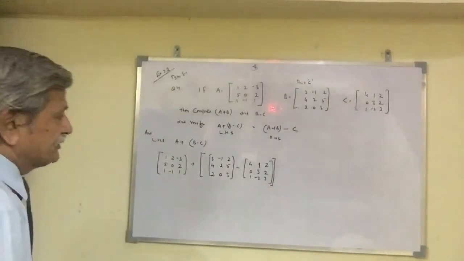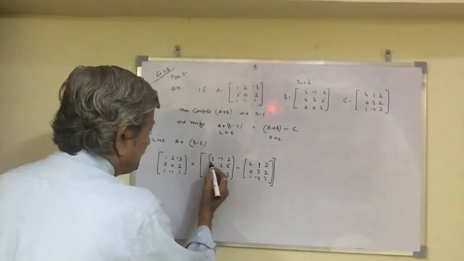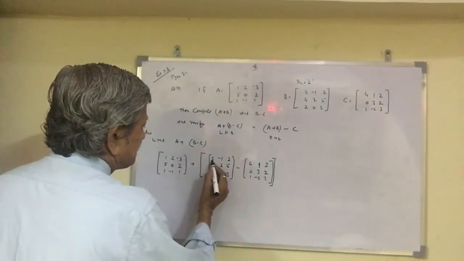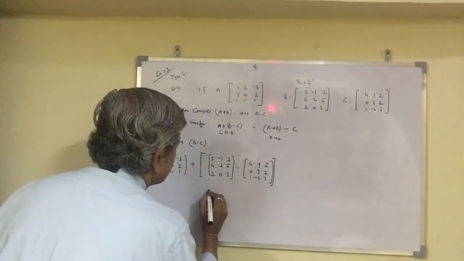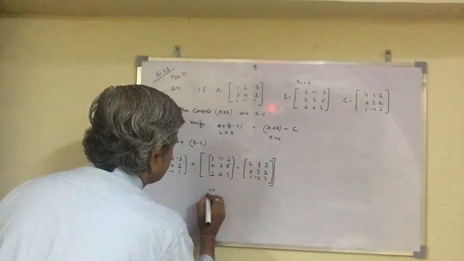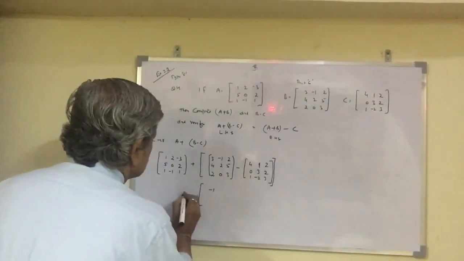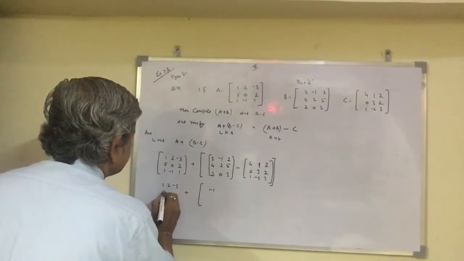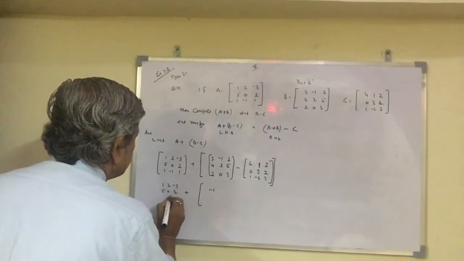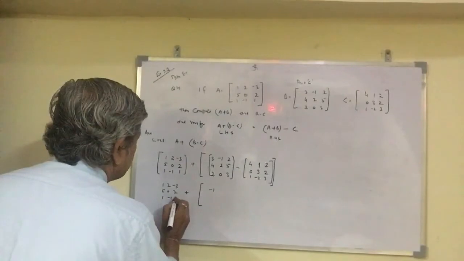We calculate this one. You know that 3 is positive and 4 has a minus sign, so you are left with minus 1. You put A as it is: 1, 2, -3, 5, 0, 2, 1, -1, 1.